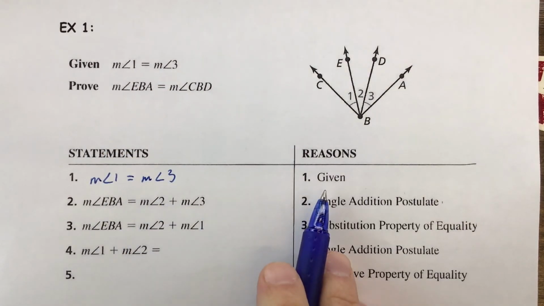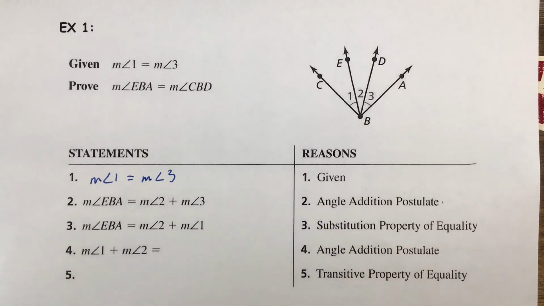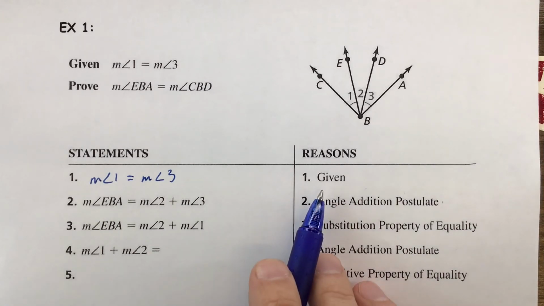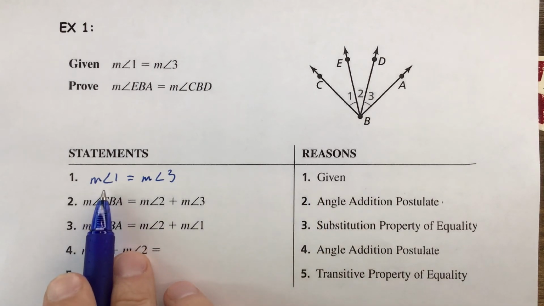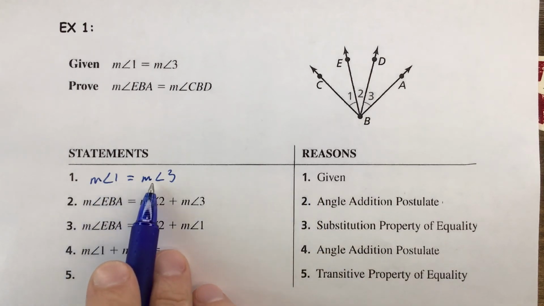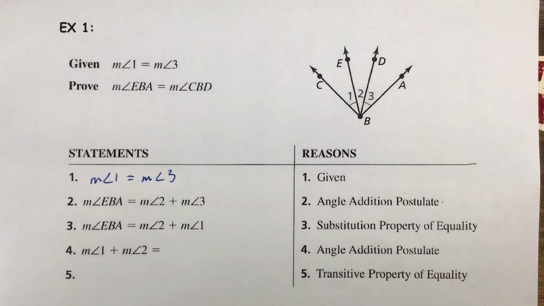Most proofs you will begin with the given statements, but a little bit later on you'll start to figure out that using given statements in different locations throughout the proof is a little bit more fluid in how it would read. This one does start at the beginning. We start with that fact: the measure of angle 1 is equal to the measure of angle 3.